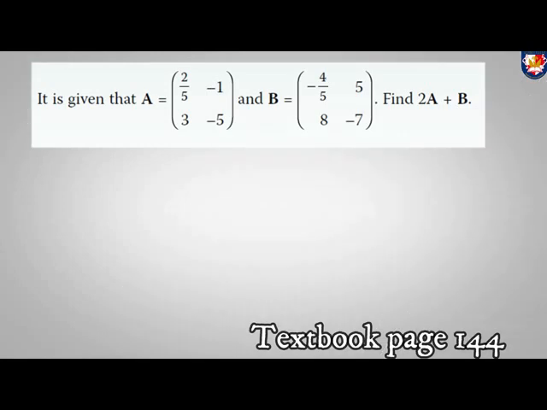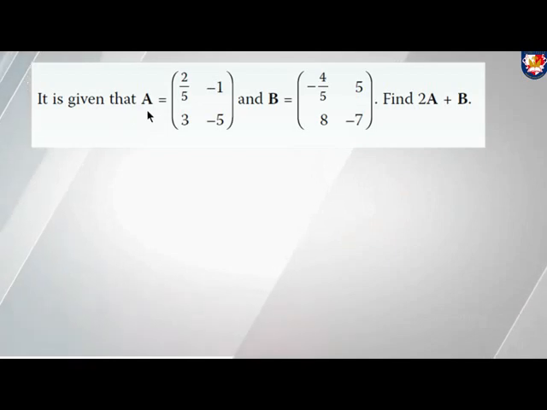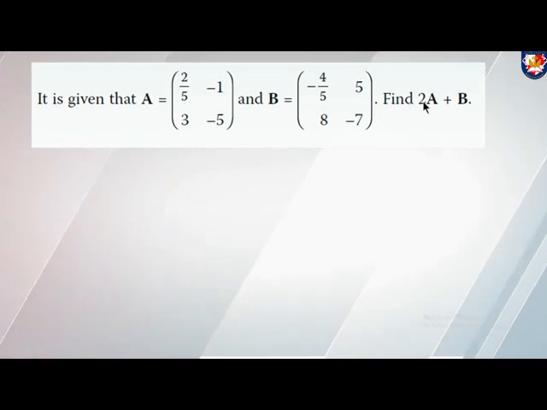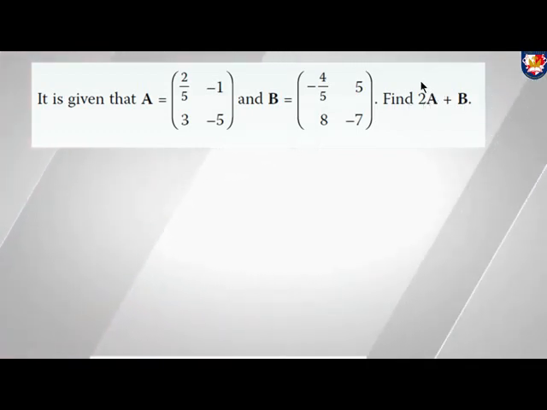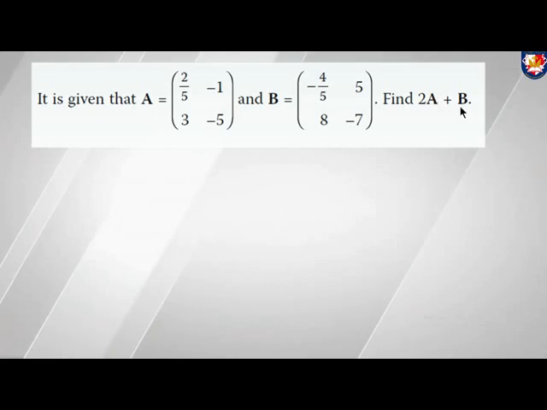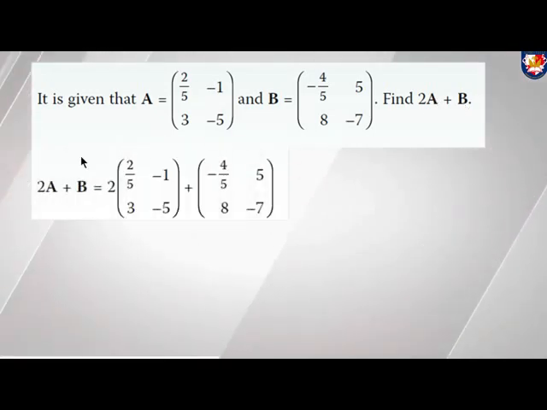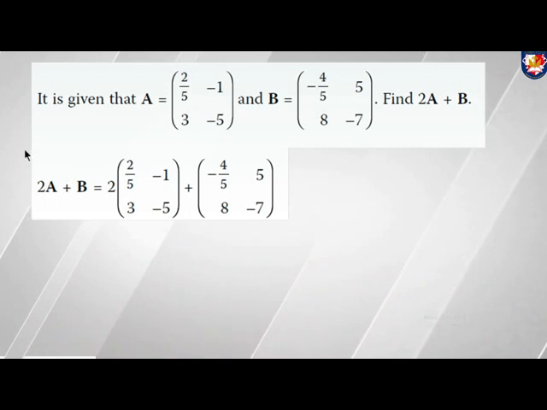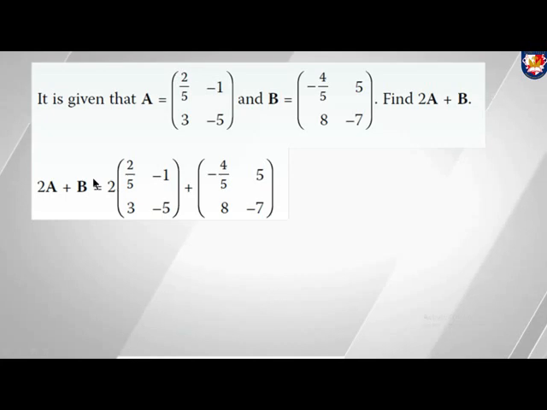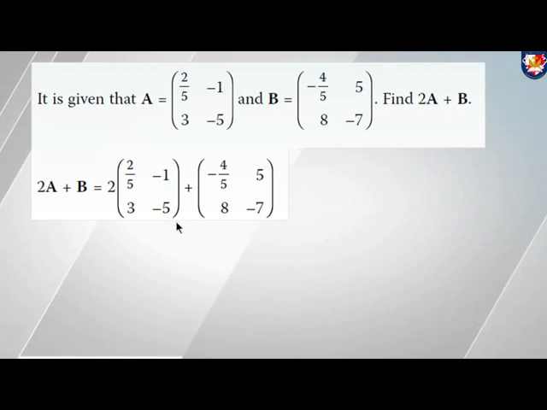How about addition mixed with multiplication of scalar, like this example? It is given that matrix A, the elements listed here, and B, the elements listed here, find 2A plus B. So there is a multiplication of scalar here, and there is an addition. So we need to deal with the multiplication of scalar first. We just need to multiply 2 with every element in A, because we are going to find 2A, and then you add the elements of B. So 2 times 2/5, 2 times -1, 2 times 3, and 2 times -5.